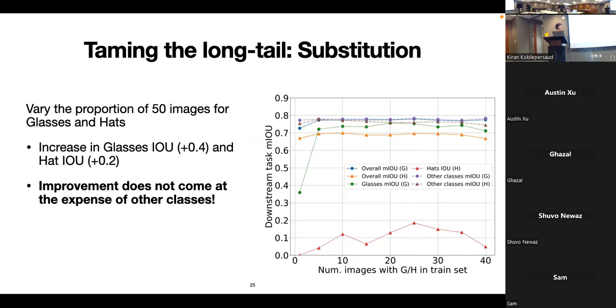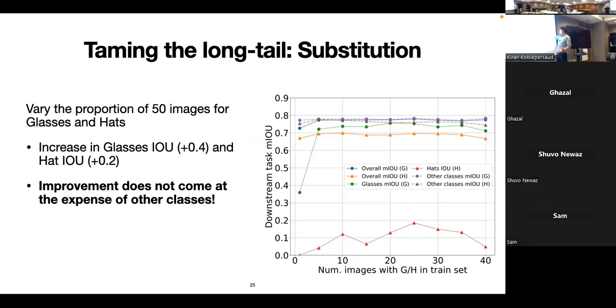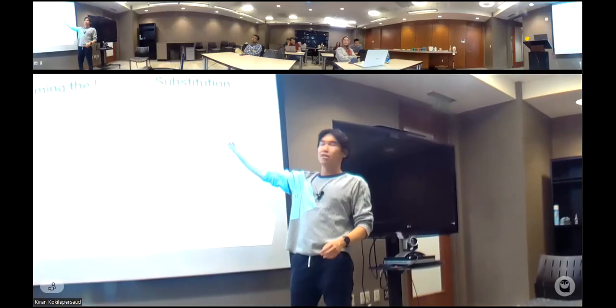But regardless, we get some good performance gains here. And importantly, we can conclude that the improvement does not come at the expense of other classes. A lot of these lines up here, we plotted the mean IOU of the non-long tail parts, as well as the mean IOU of all the parts, including long tail parts.